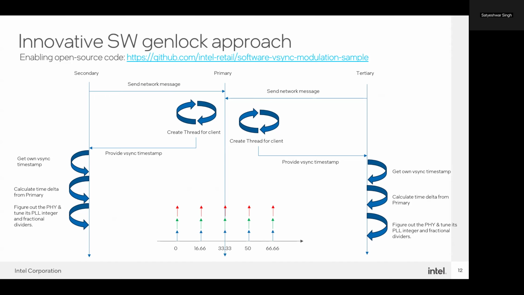Their vsyncs are happening at exactly the same time. So we pre-calculate the interval that will take for us to be right on top of each other, and then at that time we go back to the default values of the secondary so that the vsyncs start happening again at the 16,666 microsecond interval. And that way these systems are hopefully going to stay in sync.